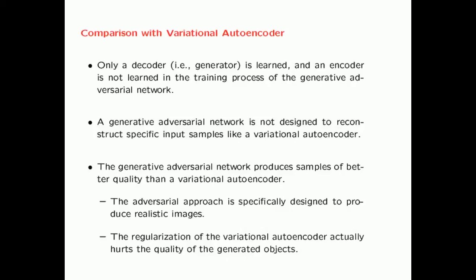In fact, there's an averaging effect in the variational autoencoder when you have a loss function where you're averaging over many images. That is why the constructed images tend to be more blurry in the case of the variational autoencoder as opposed to a generative adversarial network.